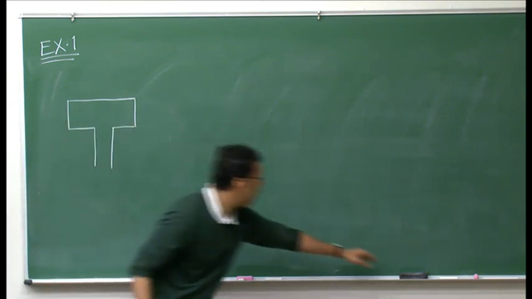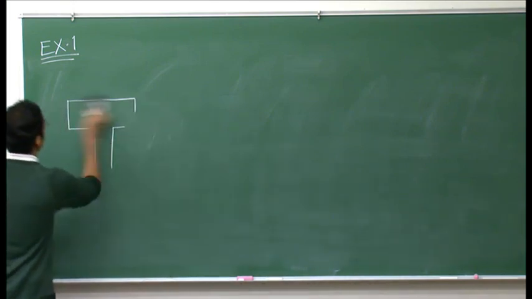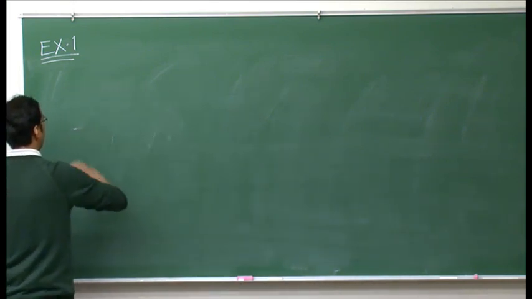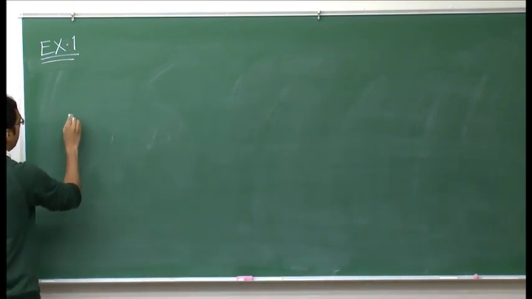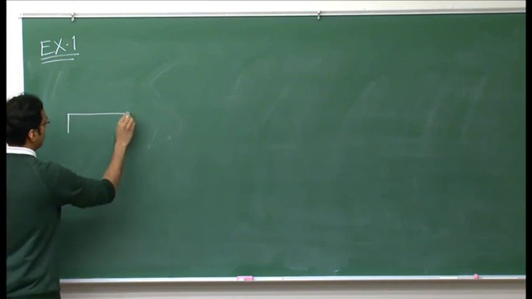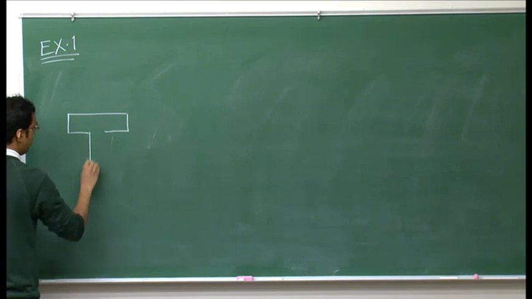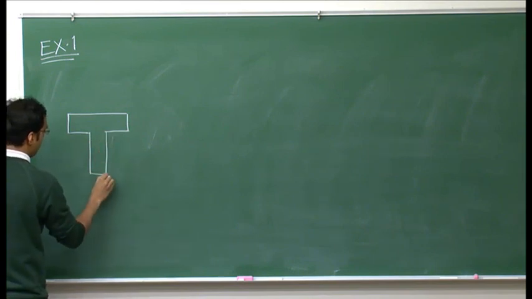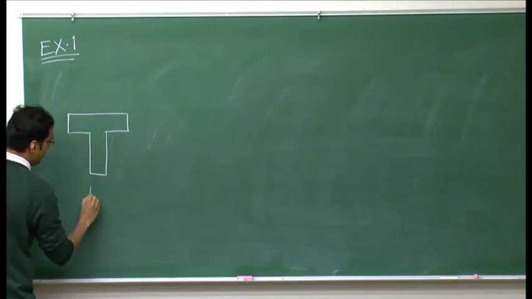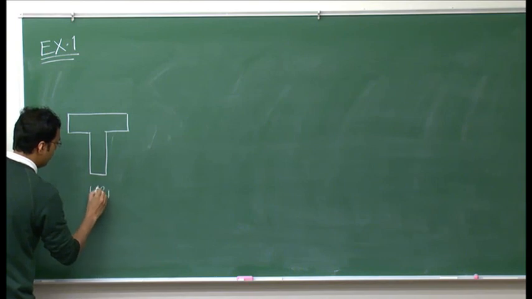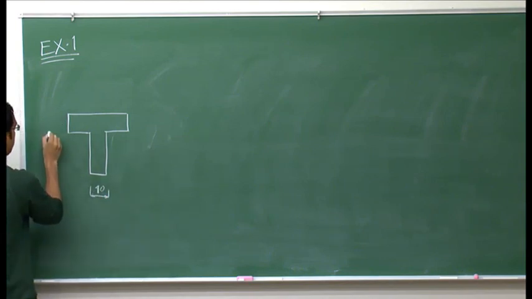Okay, let me draw this in proportion. So we have a beam which is made up of T section, and the dimensions are 10 millimeter, this height is 30 millimeter.